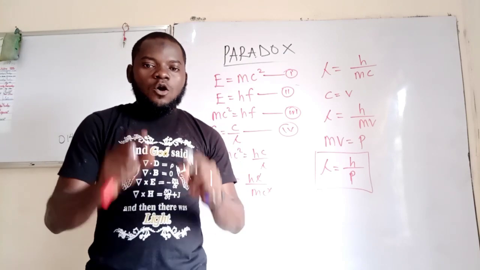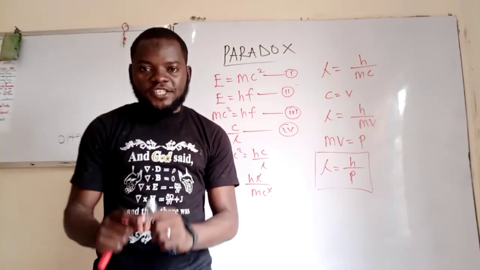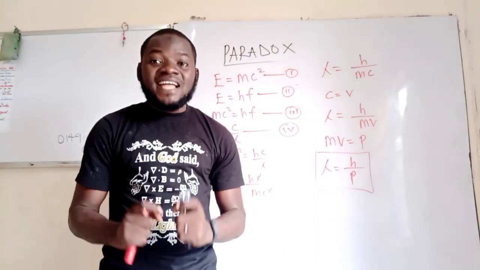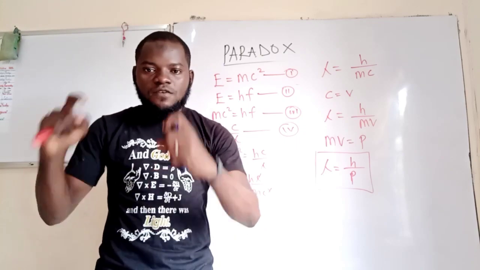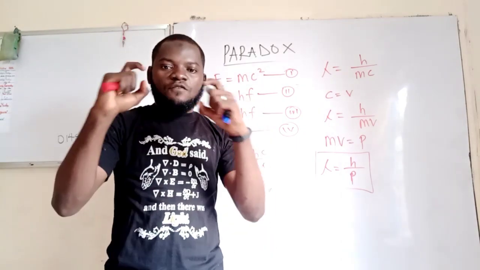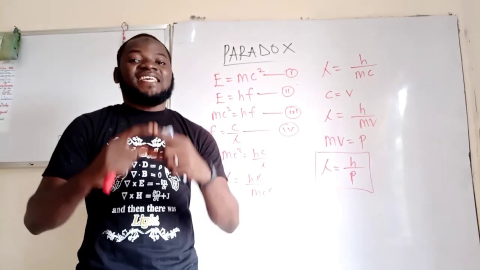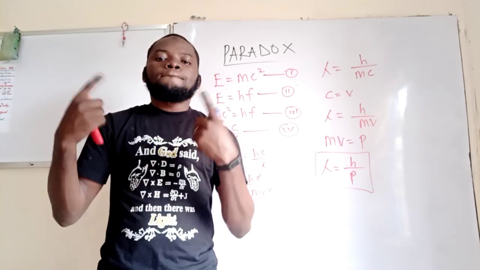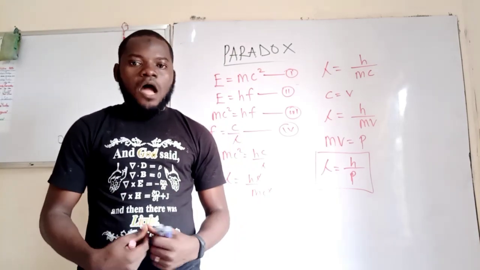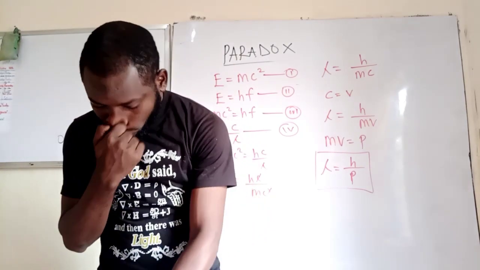I will take it again. When you are talking about the significance of this De Broglie equation, it simply shows that there is a relationship between the momentum of a body and the wavelength of a body using the Planck constant. In a nutshell, a body can exist as a wave and also a particle. Is that taken up? Now let's look at some WAEC questions on this.